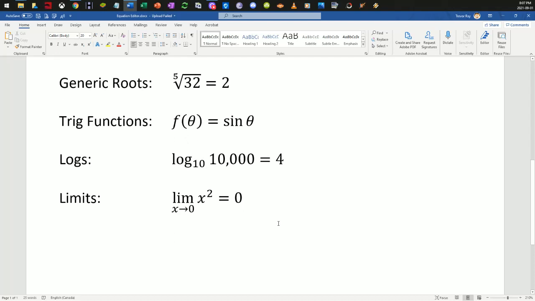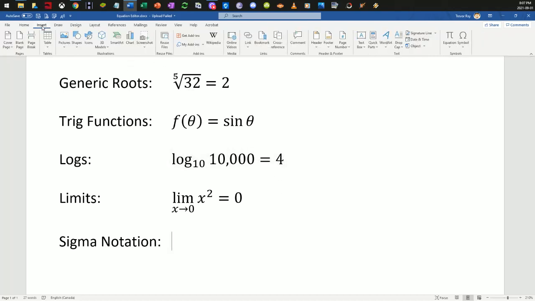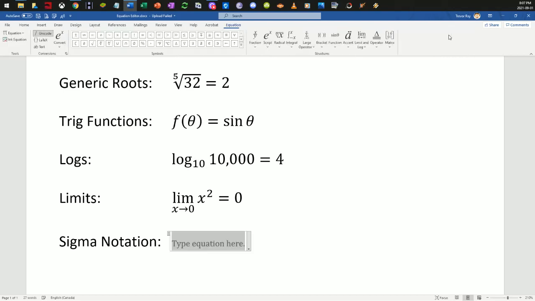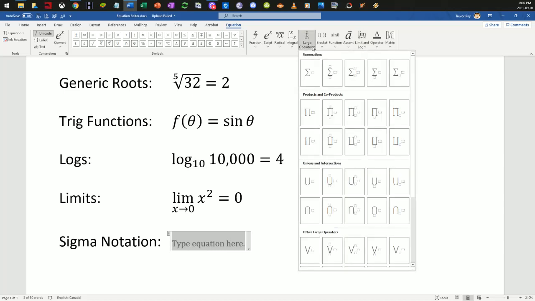There's one more here. I think it's only for data management, and that would be sigma notation. Should add that one in. It's pretty straightforward, well, straightforward if you understand equation editor and you know what you're looking for. That would be under large operators.